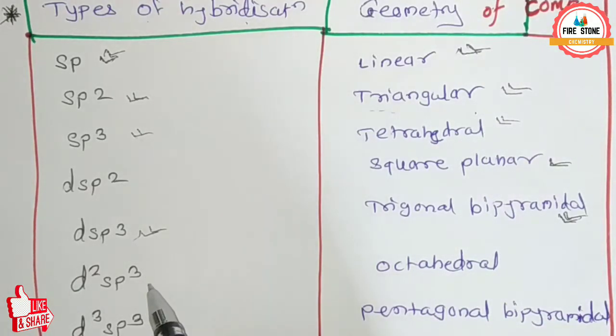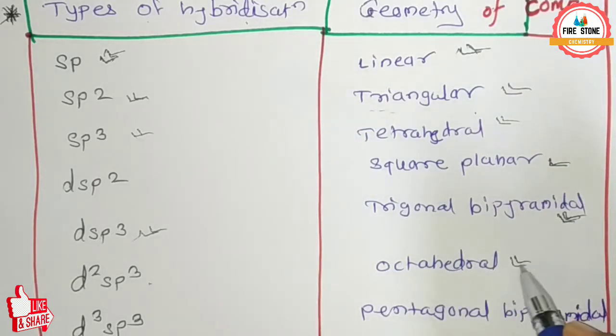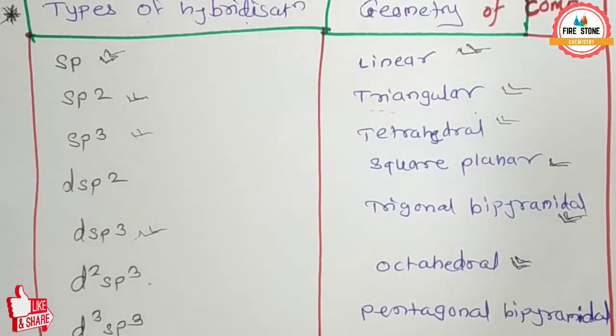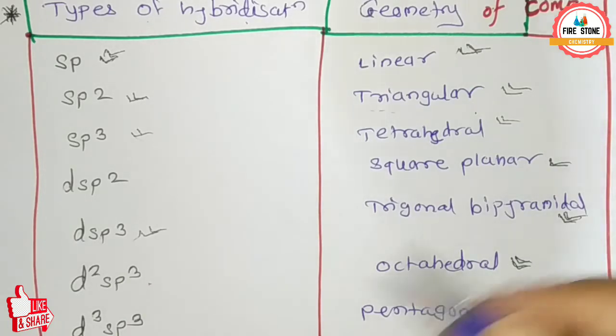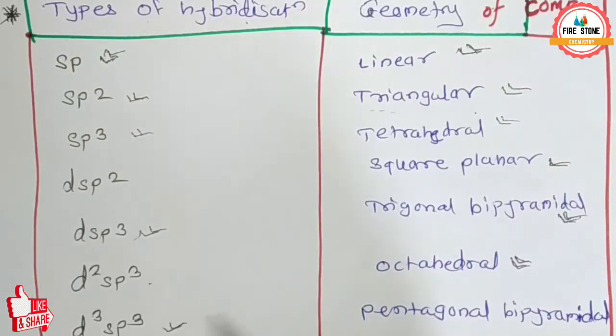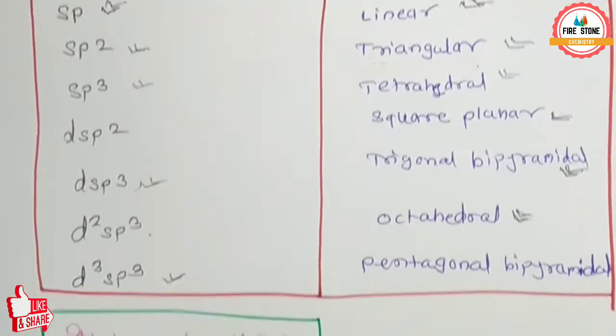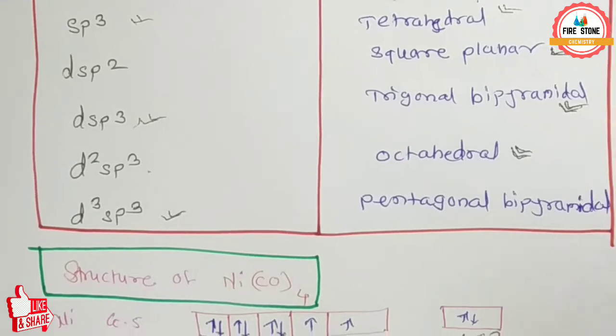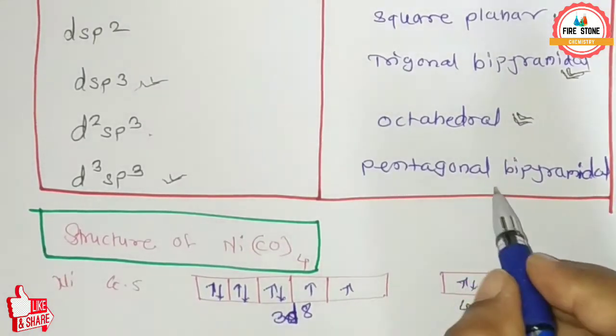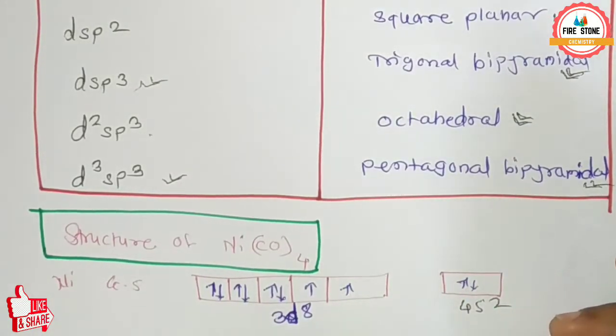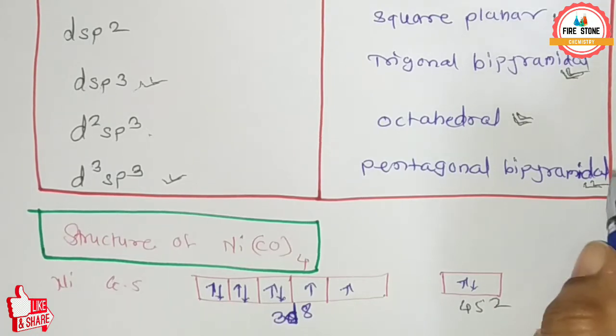Again, d2sp3, the shape of the compound is octahedral. Again, d3sp3, the shape of the compound is pentagonal bipyramidal.